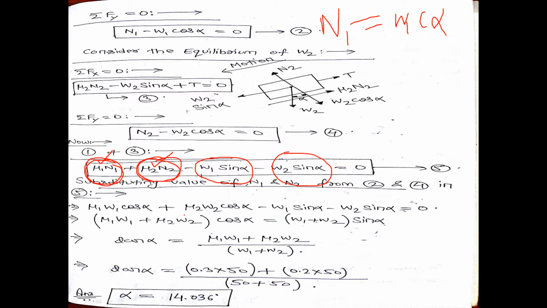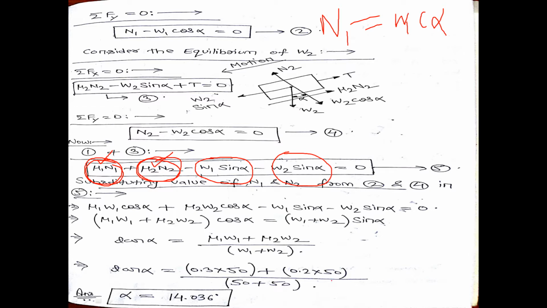So let us substitute the value of N1 and N2 from equations 2 and 4. In place of N1 I am writing W1 cos alpha, so this expression becomes mu1 W1 cos alpha. In place of N2 I am writing W2 cos alpha, so this expression becomes mu2 W2 cos alpha, minus W1 sin alpha, minus W2 sin alpha equal to 0, keeping the rest as it is.